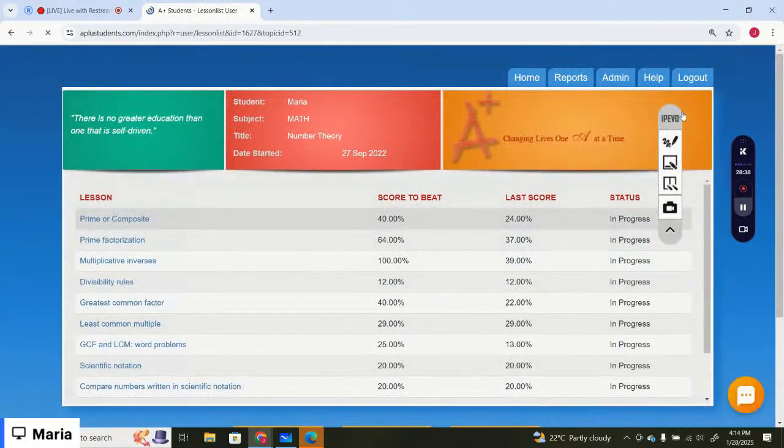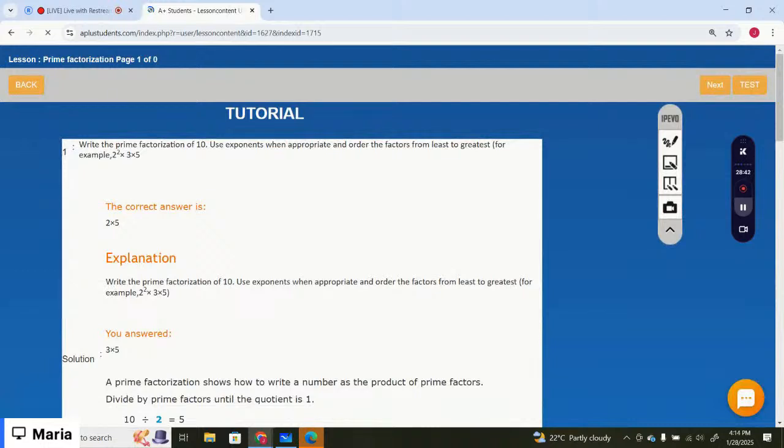The next lesson is prime factorization. Write the prime factorization of 10.